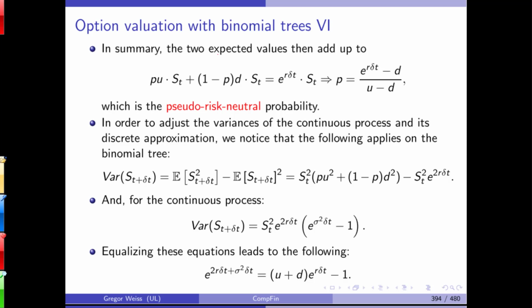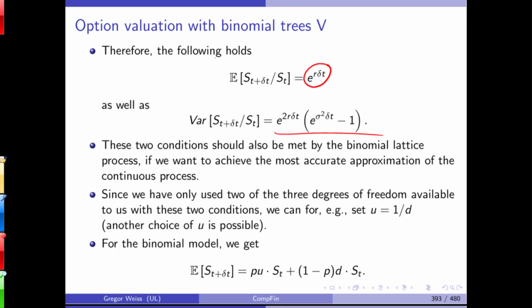And then, if we take the two expected values, we simply set them equal. By the way, you see the difference? This here is taken from the continuous stochastic process. This here is taken from the discrete approximation.